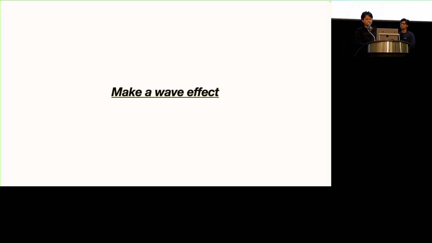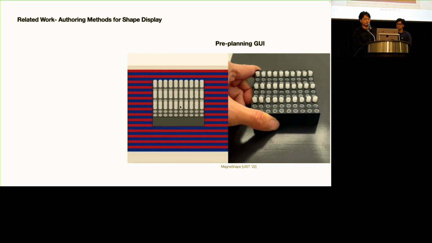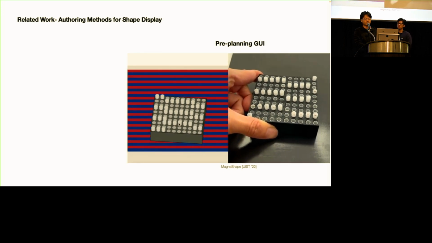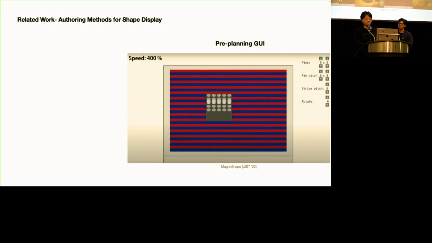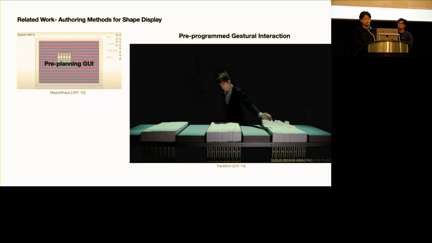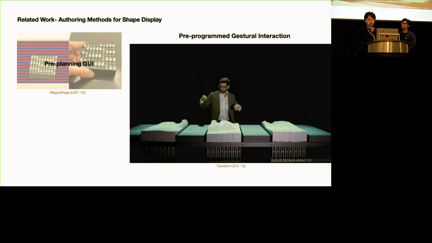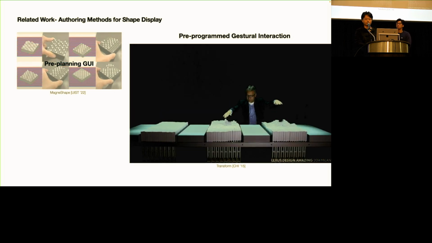Let's imagine a scenario making a wave effect on a shape display. Previously, you could have a predefined GUI, which allows you to define the wave animation before rendering it on the shape display. Also, if you have a camera set up, you can map your gesture movement to achieve the wave effect.